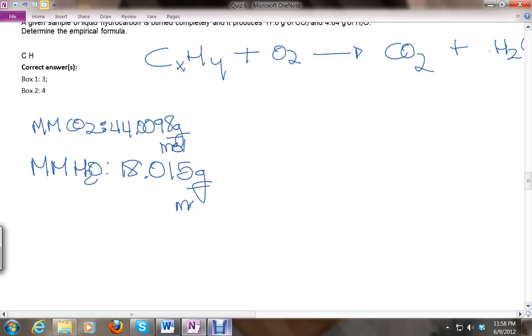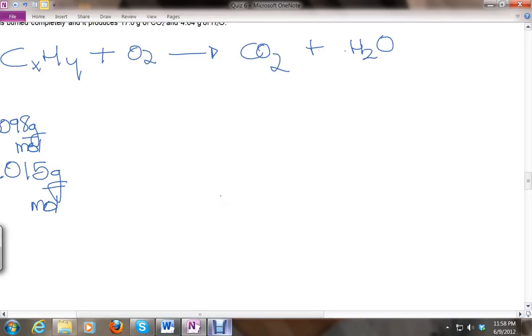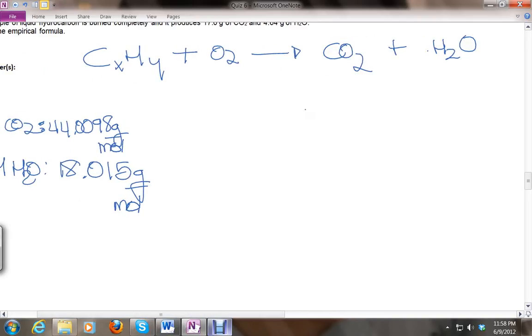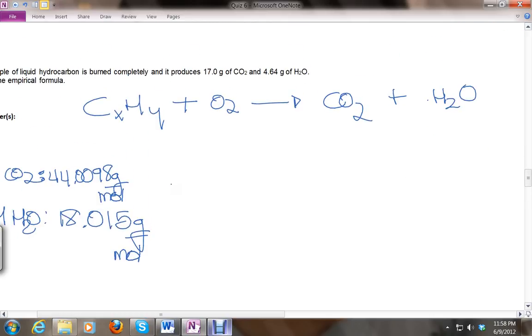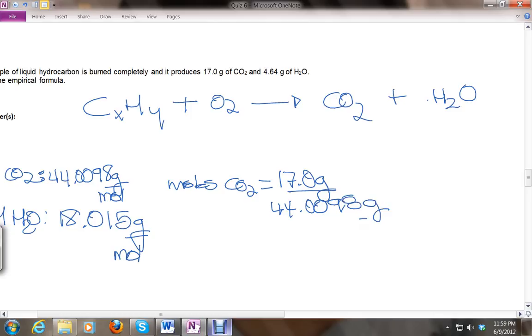So let's first start finding the moles of CO2 and the moles of water. The moles of CO2 would be equal to 17.0 grams divided by 44.0098 grams per mole.